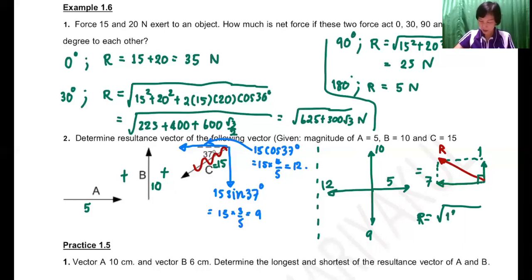So 1 squared plus 7 squared, or square root of 50, or 5 square root 2, right? I will write just unit, because we don't know what kind of vectors these are.